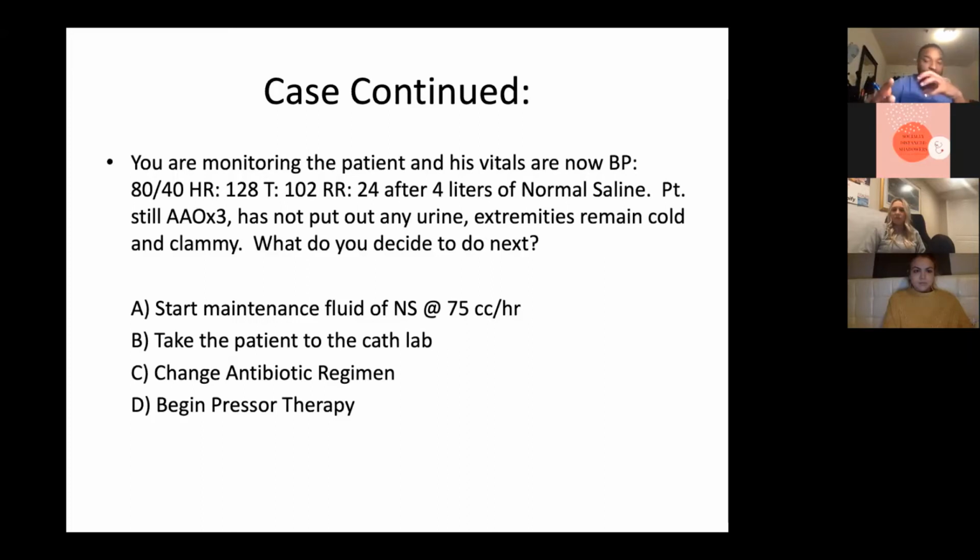You have supply. Remember the mean arterial pressure, which we were talking about, is cardiac output, right? Times systemic vascular resistance. So cardiac output being heart rate times stroke volume.